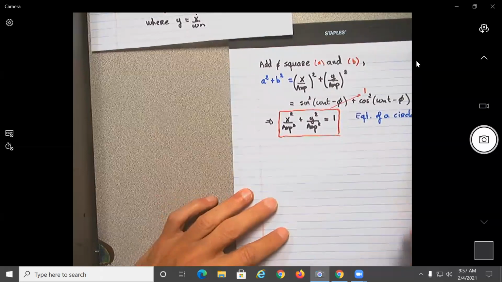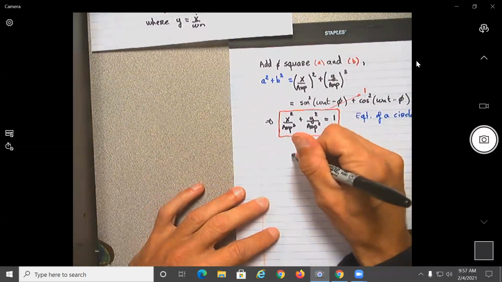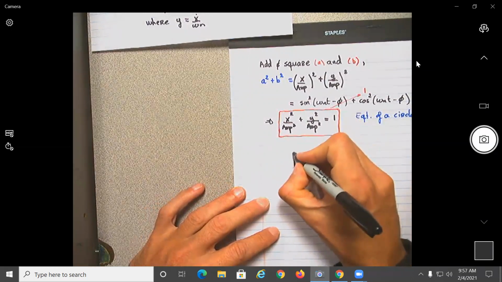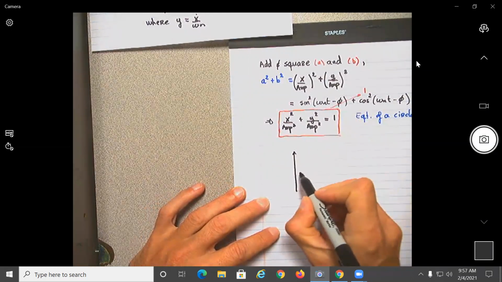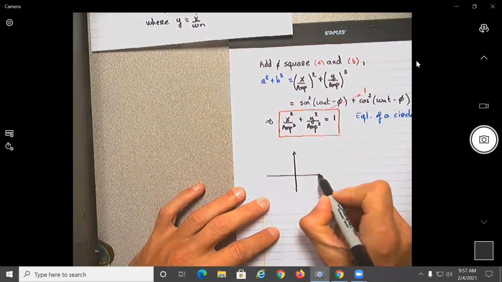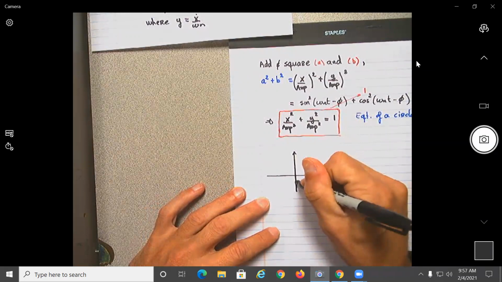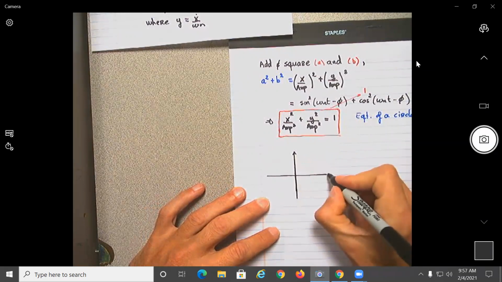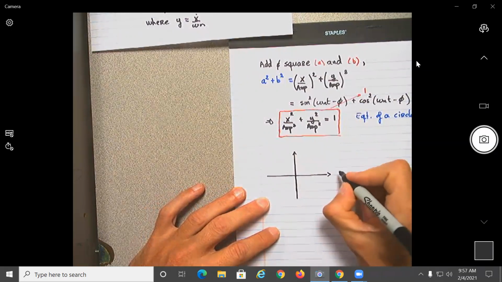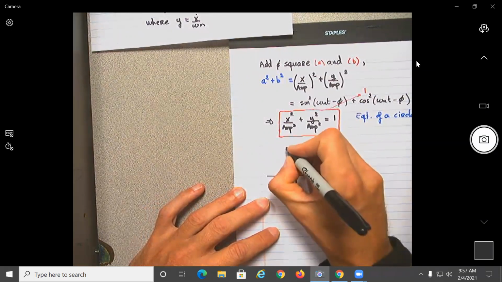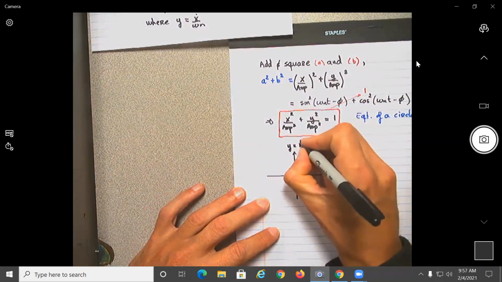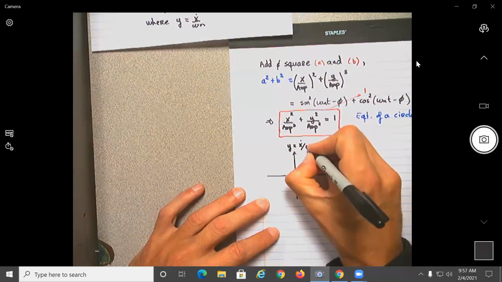So basically, all this is just to show that if you plot x over y, where y is x dot divided by omega n.